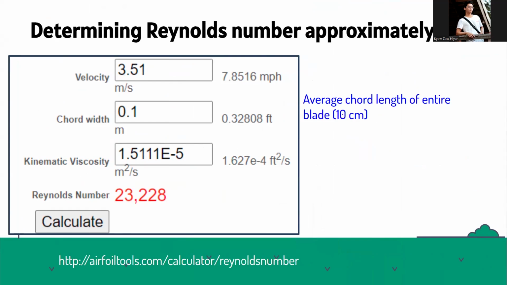The chord width is based on the average chord length of the entire blade, which we set around 10 centimeters, and the kinematic viscosity of air at 30 degrees Celsius, which is close to the local temperature, is around 1.5 × 10^-5 meters squared per second. We got a Reynolds number around 23,000, which is far less than the critical Reynolds number over a flat plate, which is 500,000. So we can say that this is a laminar regime.